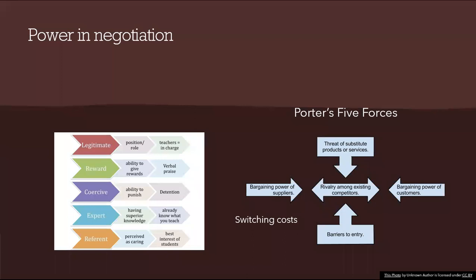In the exam, the question may ask you about the factors which may shift the balance of power toward the supplier or the buyer.